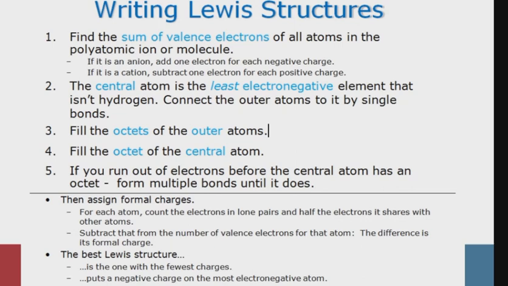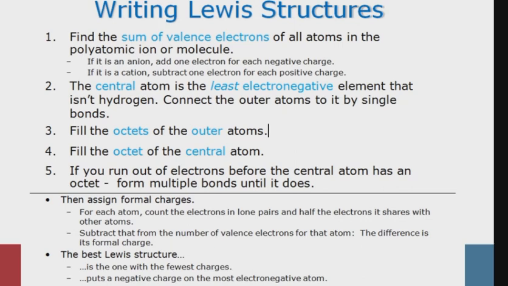The central atom is the least electronegative element that is not hydrogen. Connect the other atoms to it by single bonds. 3. Fill the octets of the other atoms. 4. Fill the octet of the central atom. 5. If you run out of electrons before the central atom has an octet, form multiple bonds until it does.